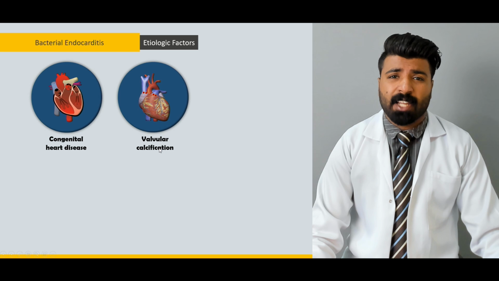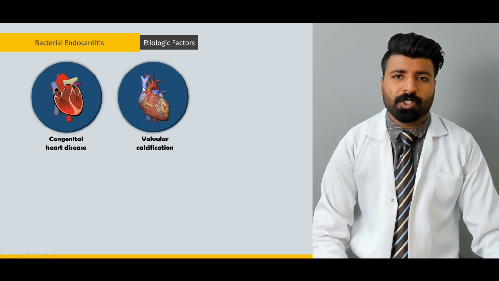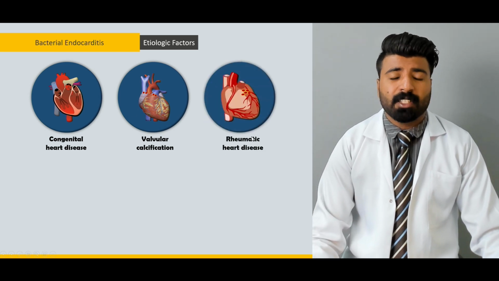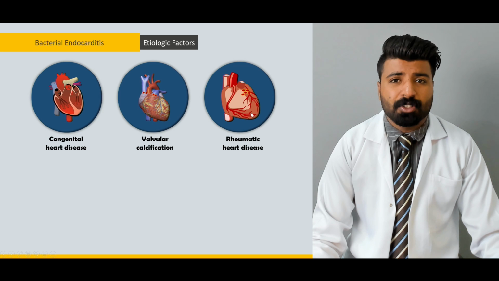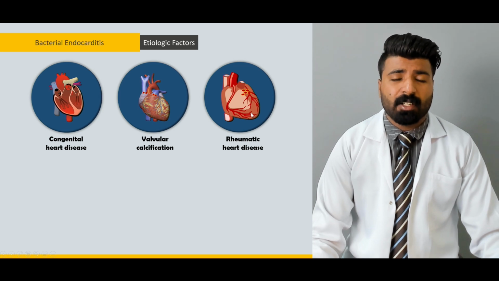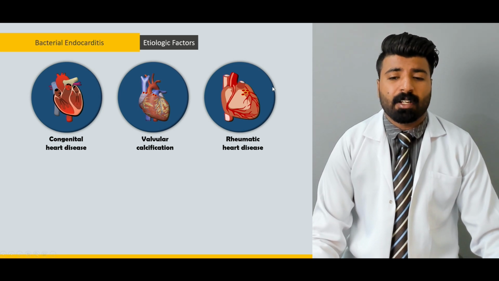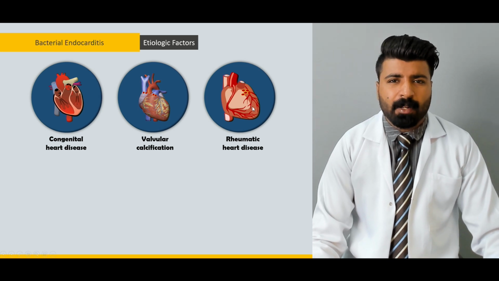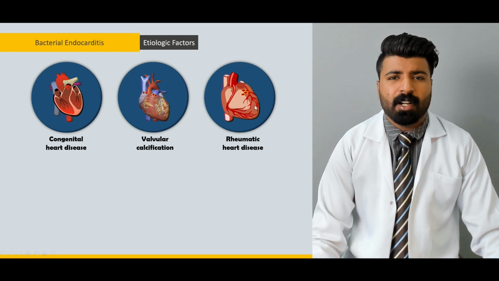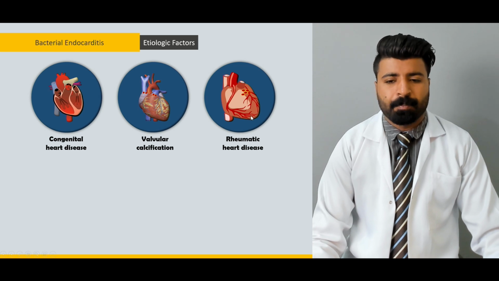So this is one of those etiological factors. Rheumatic heart disease, we talked about rheumatic heart disease. Rheumatic heart disease is the basic etiological factor regarding cardiac diseases. It affects those valves, it destroys those valves, and when those valves are destroyed, which kind of bacterial endocarditis will happen? Subacute bacterial endocarditis comes here and affects it.